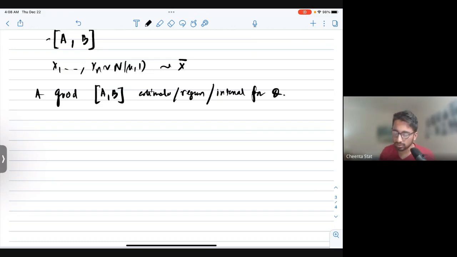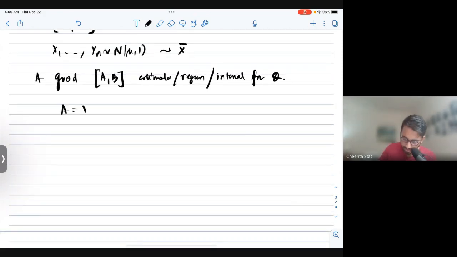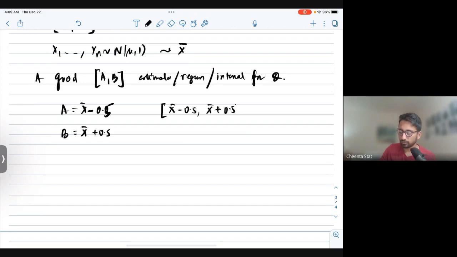This doesn't mean that theta will always lie here. Let's say we get a to be x bar minus 0.5 and b to be x bar plus 0.5. So we get x bar minus 0.5 to x bar plus 0.5. This is a confidence interval for theta.